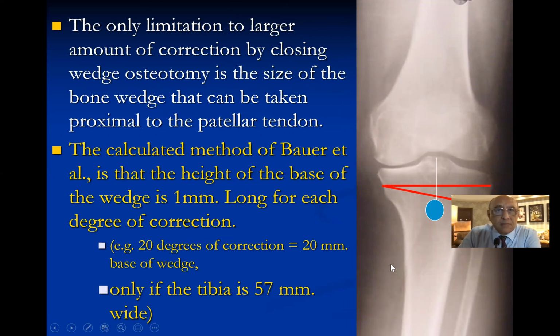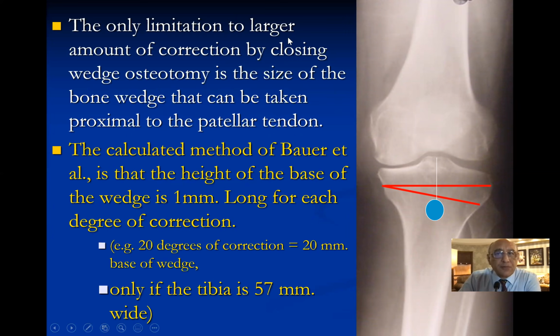The only limitation to a larger amount of correction by closing wedge osteotomy is the size of the bony wedge that can be taken proximal to the patellar tendon. Bauer et al. described a technique to assess this wedge, and they said that for each 1 degree at the base of the wedge, you get 1 degree of correction in the angle of correction.